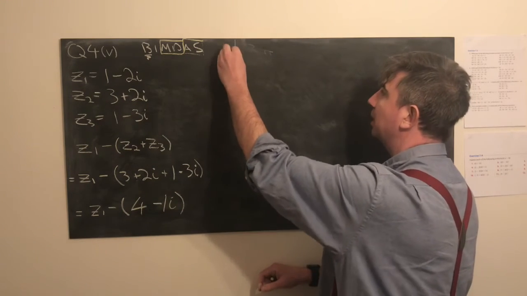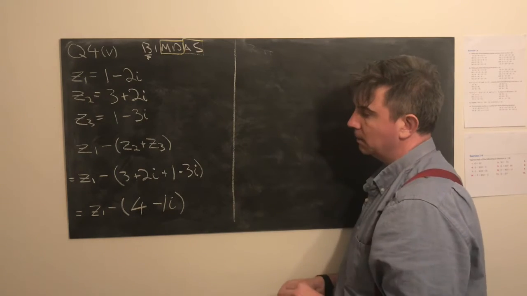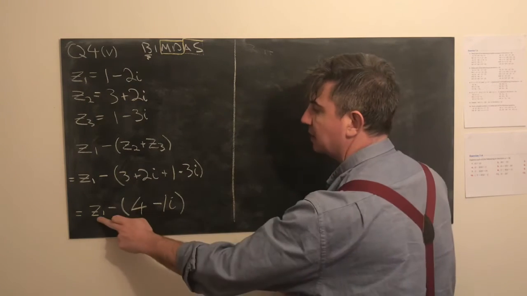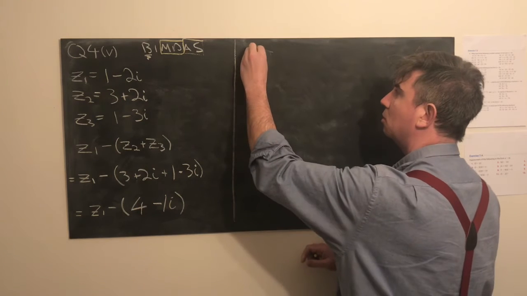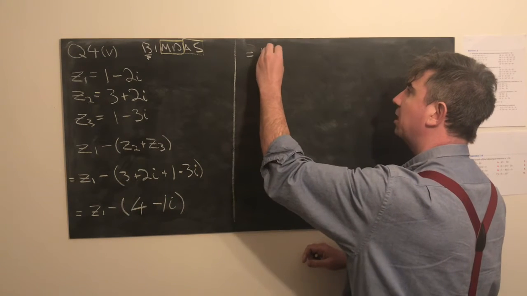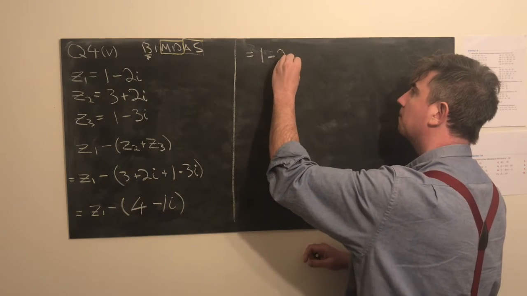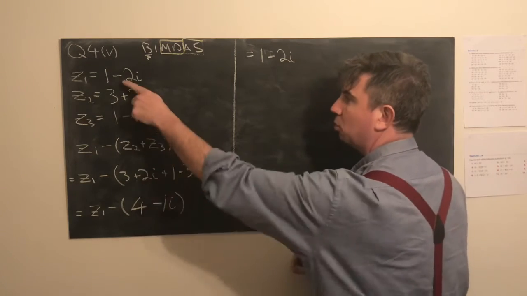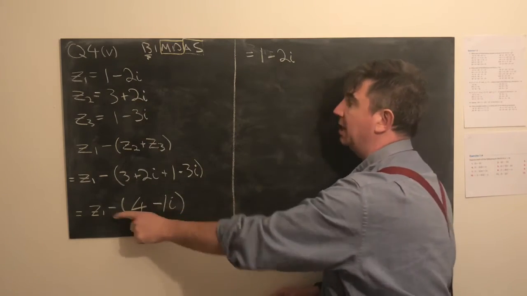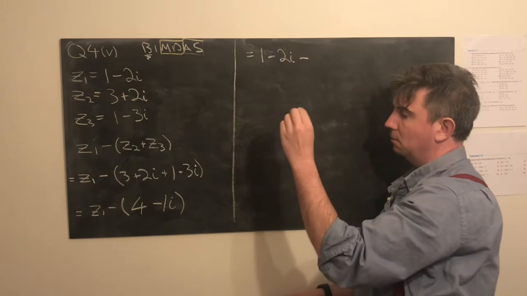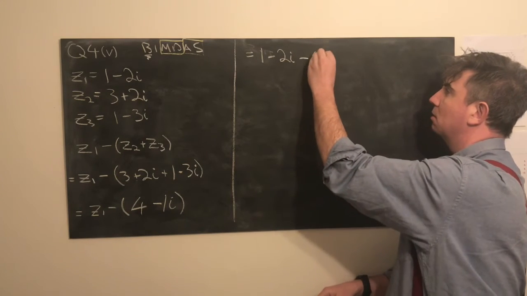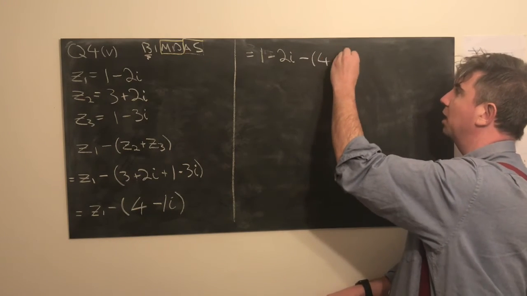I'll draw my line. Now we have Z1, which is 1 minus 2i, and from 1 minus 2i, I'm going to take away 4 minus 1i.